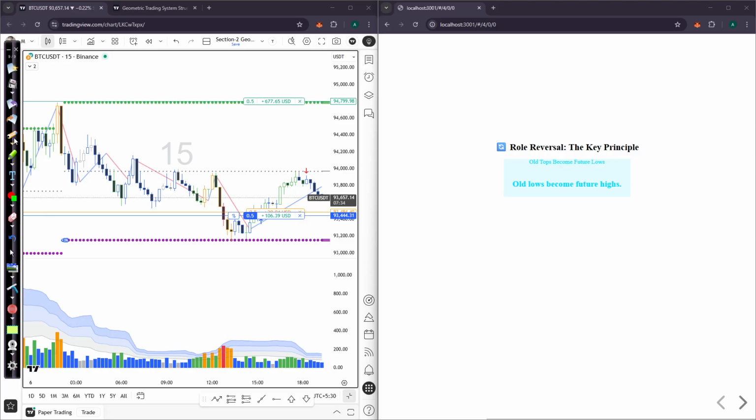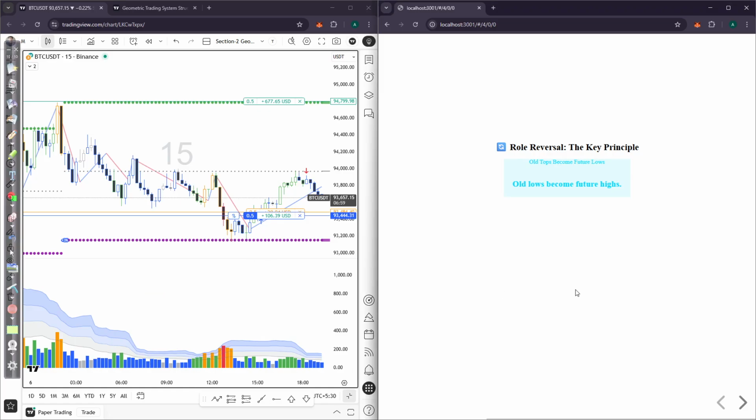What it is saying is that if I have resistance here, the price comes and bounces off, and when it breaks above, it becomes support. So resistance becomes support. Old tops become future lows, meaning support. So that's the concept here.